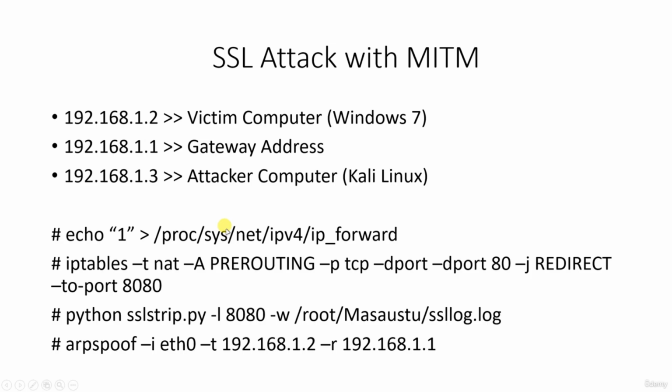Then you have to modify the iptables. The iptables rule takes traffic inbound to our Kali Linux machine whose destination is port 80, and redirects it to the port on which SSLstrip is listening. Then the attacker should start the SSLstrip tool in Kali for sniffing the connection, whose location is this one.